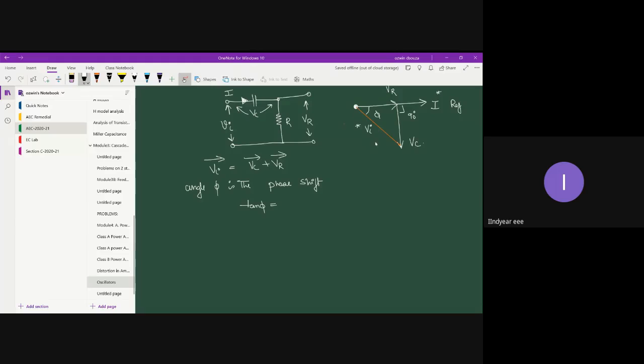Tan phi is basically y by x, right? Along y, you have projected VC, and along x, you have projected VR. But what is VC? I into XC. VR is I into R.